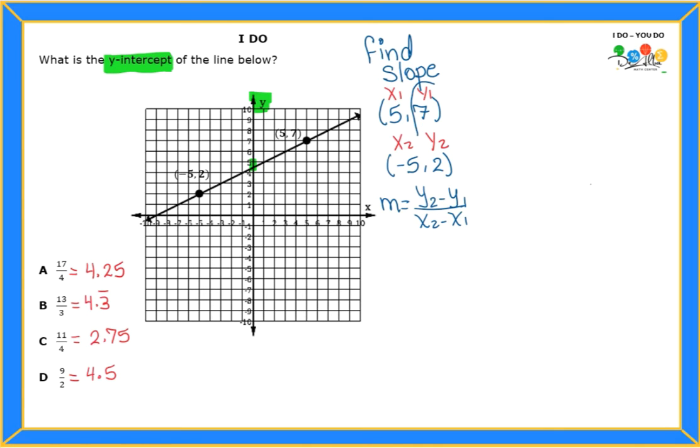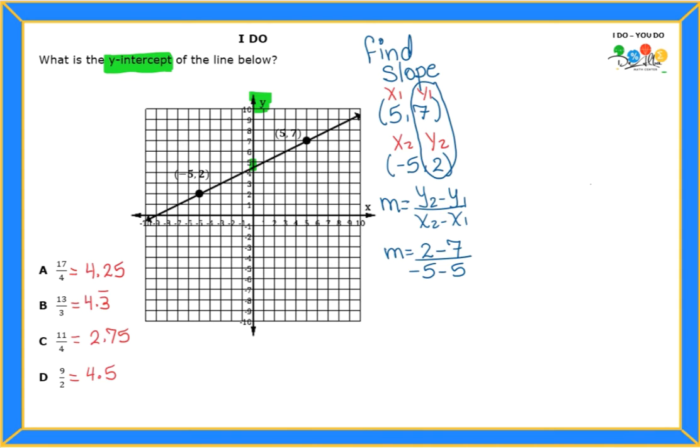Notice that since I need to find the numerator using the y values, I'm going to circle those. So I know that those circled numbers should be on my numerator. Okay, so y2 is 2 minus 7, because it's y1, over -5 minus 5.